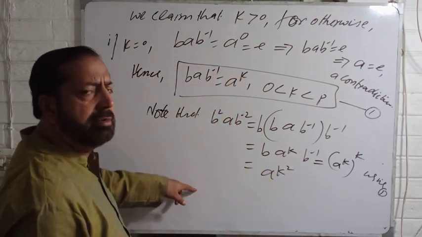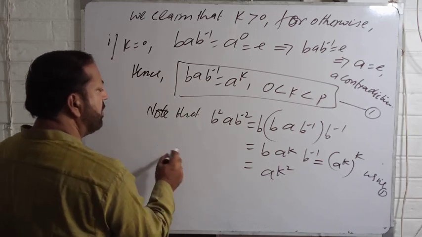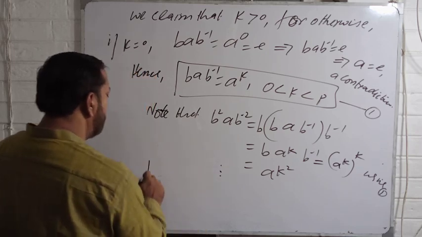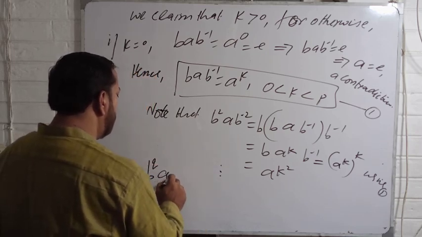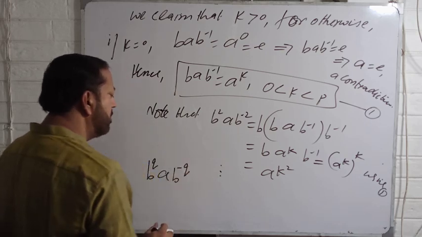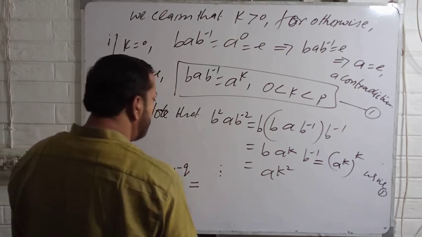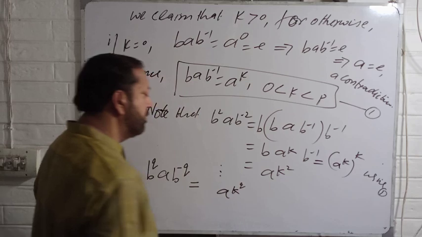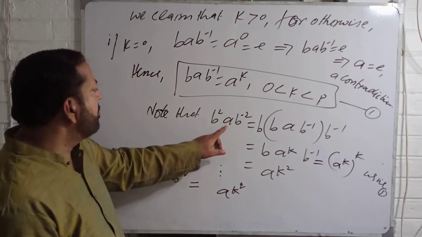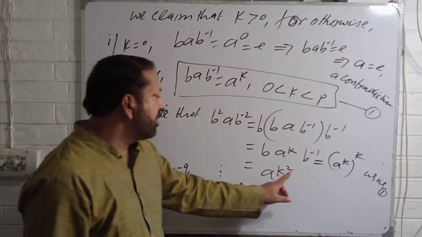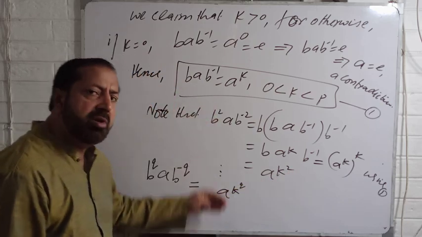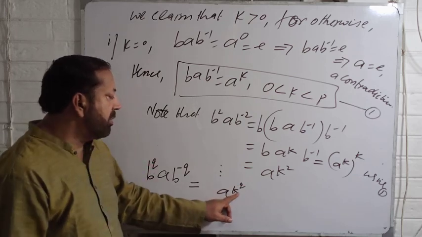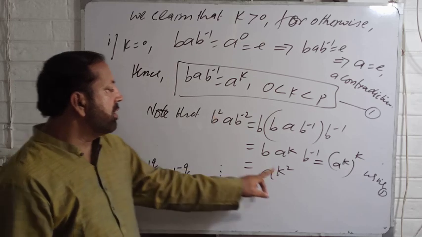And if you continue, then you will see that B power Q A B power minus Q is equal to A power K power Q, right? When you are taking power 2 here, you are taking power 2 here. And by going on similarly using induction, you will see that if you take B2, you are getting K power 2.